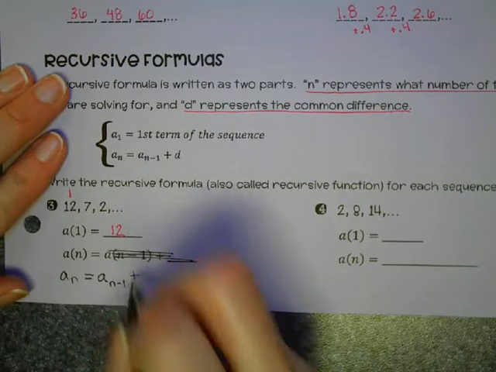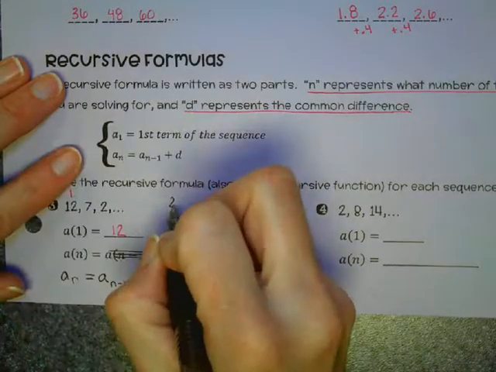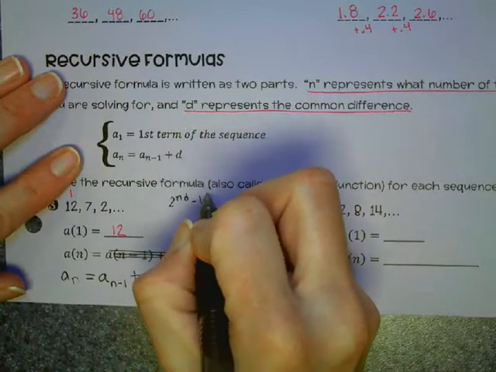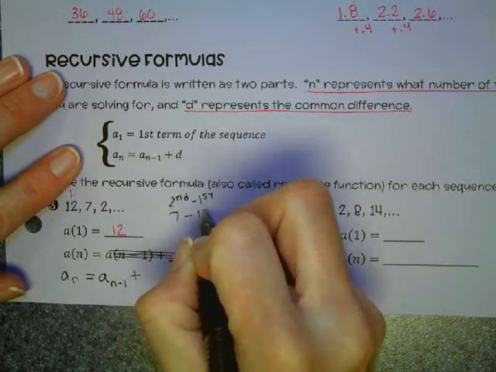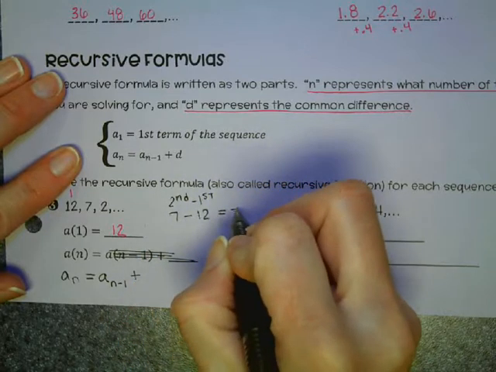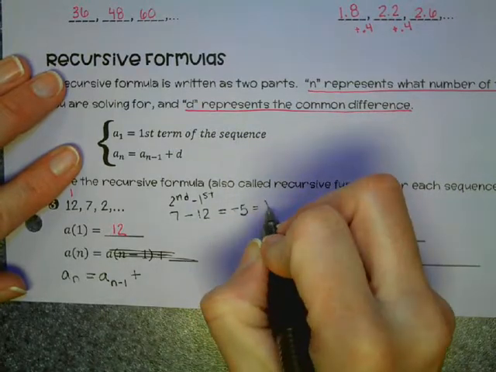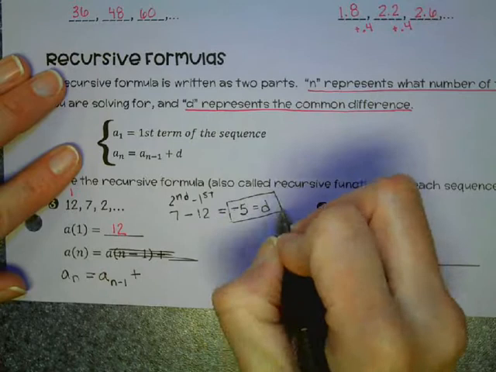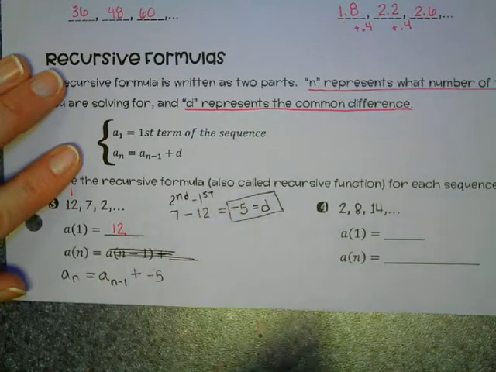Okay, we have to figure out what is the difference. So again, second minus the first. You take 7 minus 12. This one is going negative 5, so it's going down 5. That's called your common difference. That's what it was changing by. So you can put plus negative 5, or you can just write minus 5.